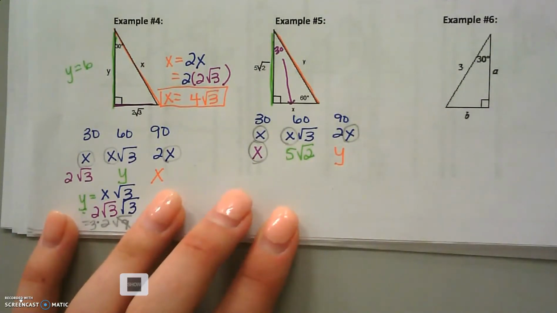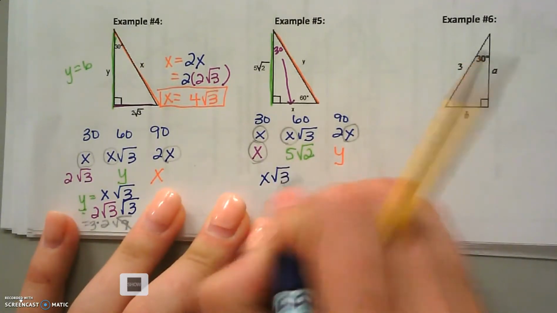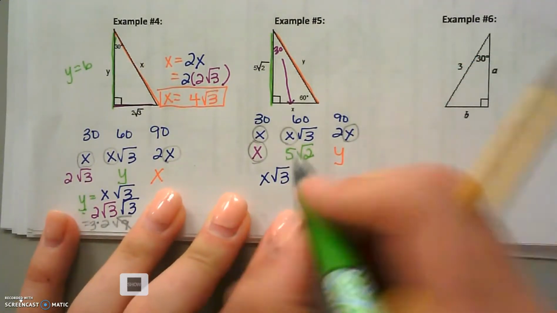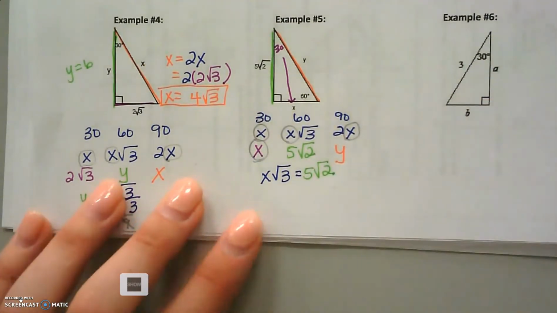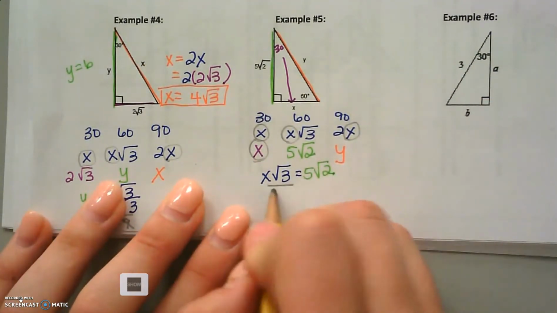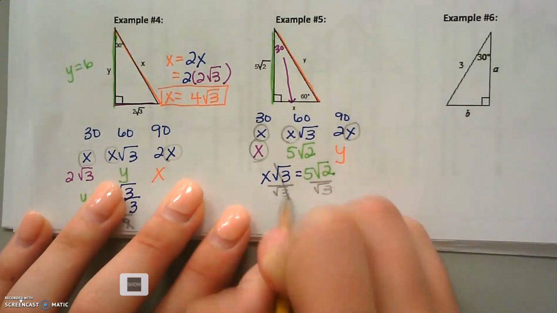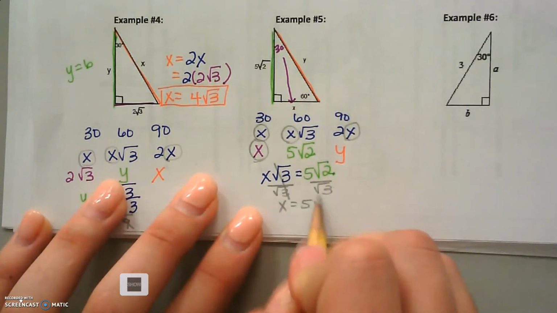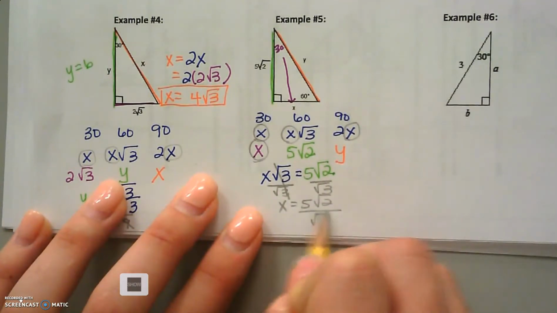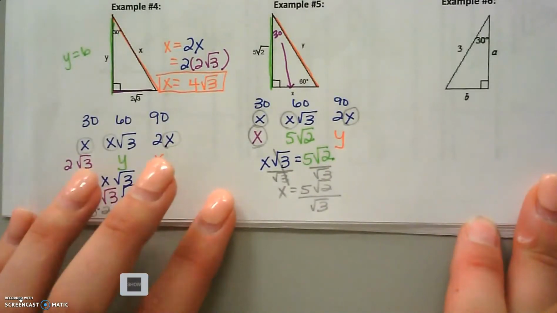So this is going to be x square roots of 3 is equal to 5 square roots of 2. So to solve, I'm going to have to divide by the square root of 3. So this cancels. So I'm going to have x is equal to 5 square roots of 2 over the square root of 3.